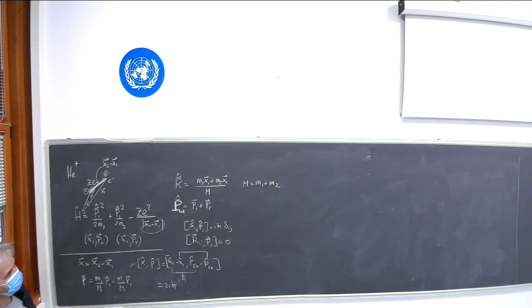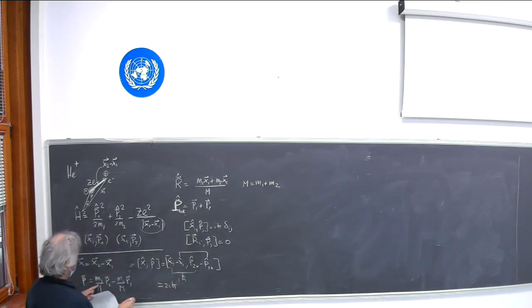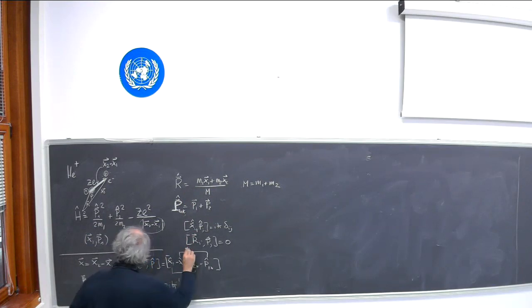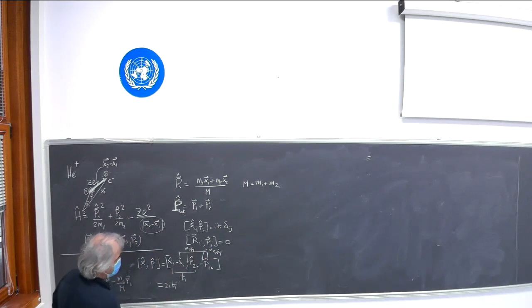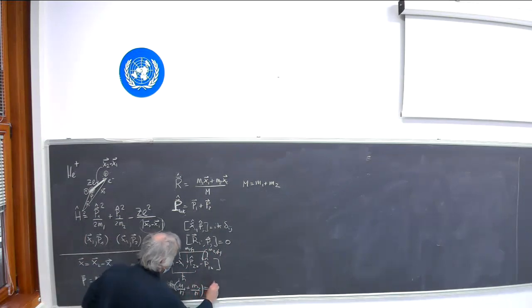So the actual commutator is 0. This other commutator is fixed by essentially these two factors here: a factor M1 over M, and here a factor M2 over M. So when I do the actual calculation, I will get not i h bar for both, but i h bar times M1 over M from this term, and from this I will get plus i h bar M2 over M. And the sum of these is just i h bar.